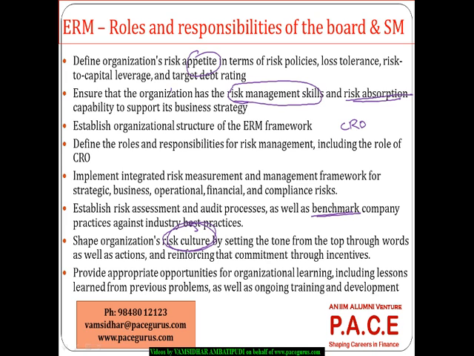So set the tone right from the top, not just in words, but even in terms of actions, which will create some kind of commitment in the employees towards a risk culture. And even the incentivization should be driven by effective risk management rather than ineffective risk taking in search of generating abnormal profits.